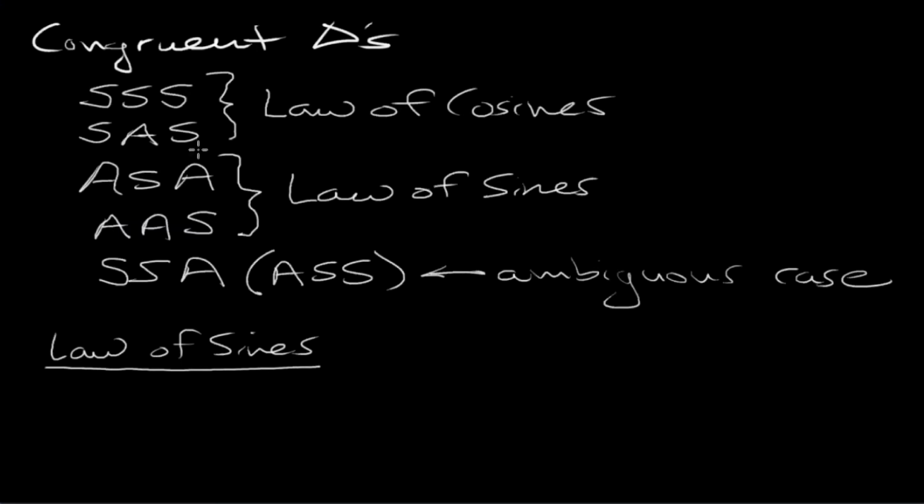If I take the length of a side, and then I go to the angle on the opposite side of the triangle, we would label that capital A. I know that this ratio is the length of a side divided by the sine of the angle opposite that side.